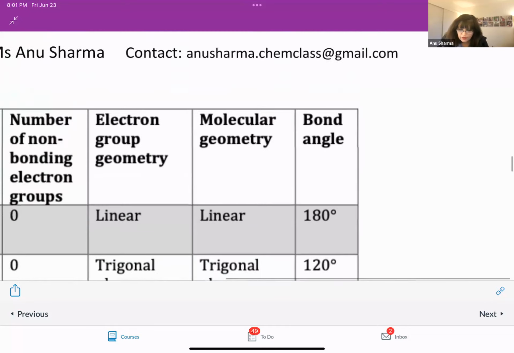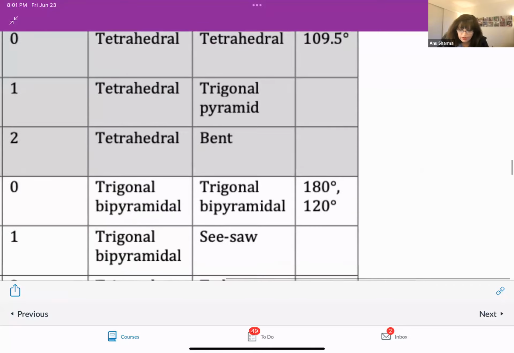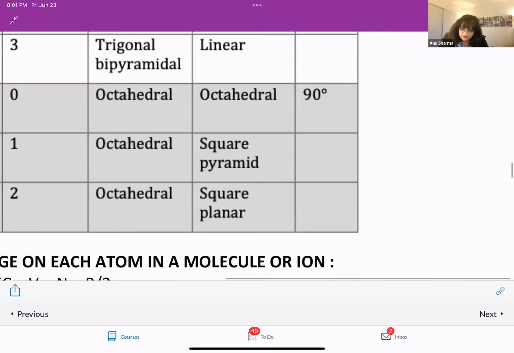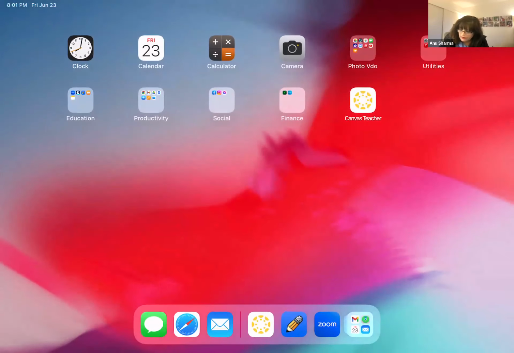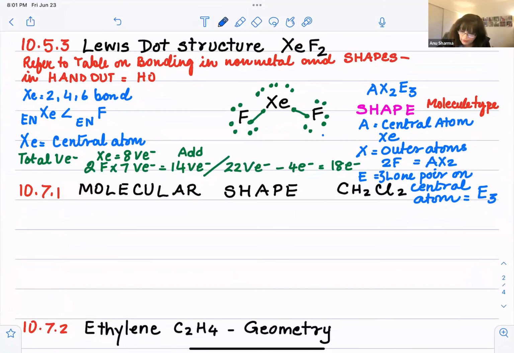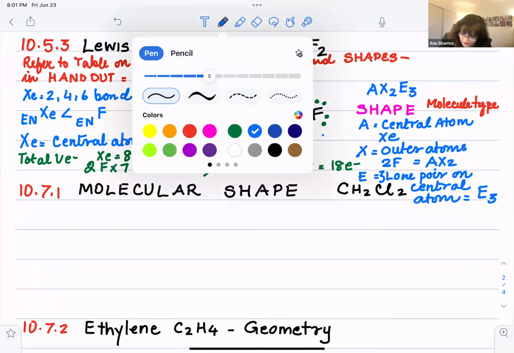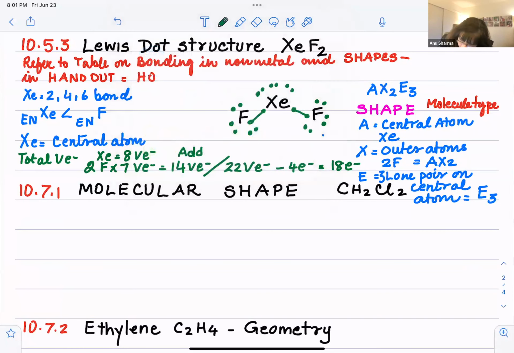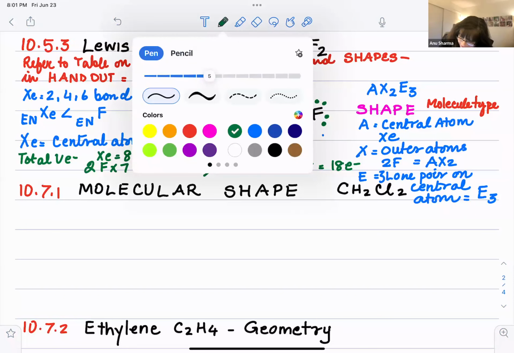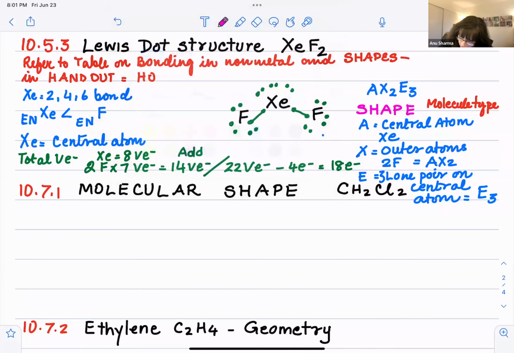And if they're asking you what is the molecular geometry, the molecular geometry is linear. Don't worry about why it looks linear, because when you drew the molecular model, it looks like that. So here the molecular geometry, that's the shape, is coming out to be linear.